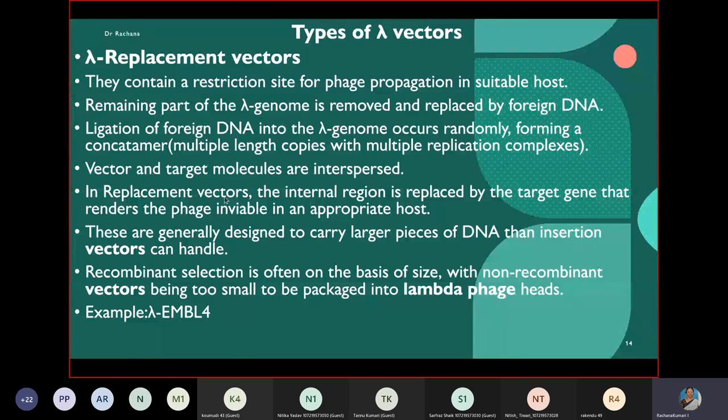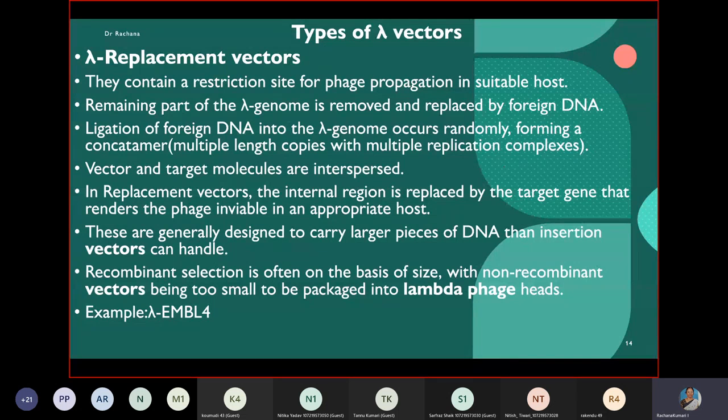Therefore, in replacement vectors, the internal region is replaced by the target gene and it will help the phage be viable in an appropriate host. Now, this word viable has to have a special mention. Why? Because you have manipulated the genetic material.